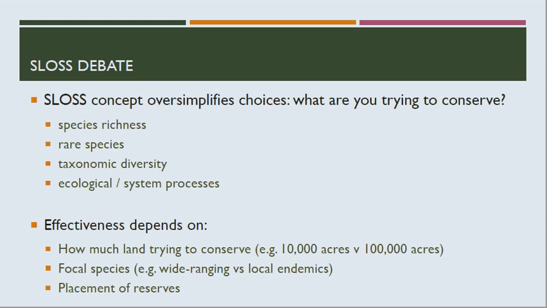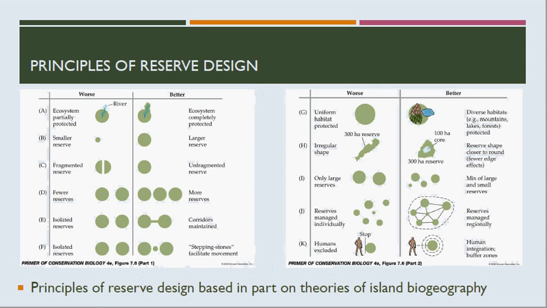So there are some of the principles of reserve design, which are generally recognized now, and these are coming out of the SLOSS debate as well as many other debates, but they tend to concentrate mainly on the theories of island biogeography and the theories of metapopulation dynamics, which we'll talk about in a minute.